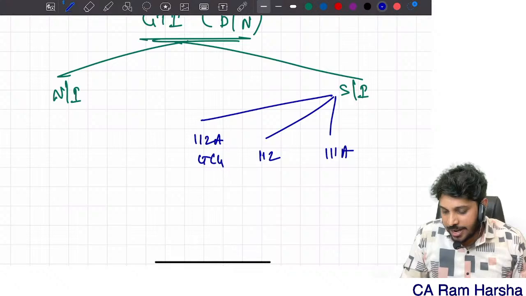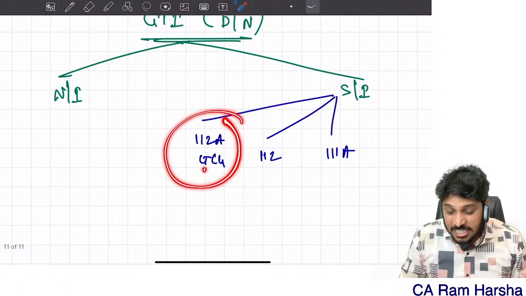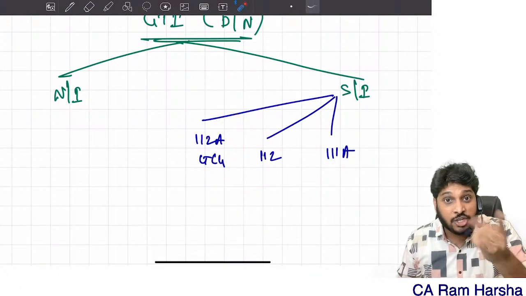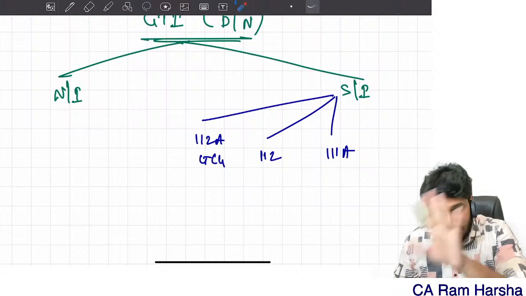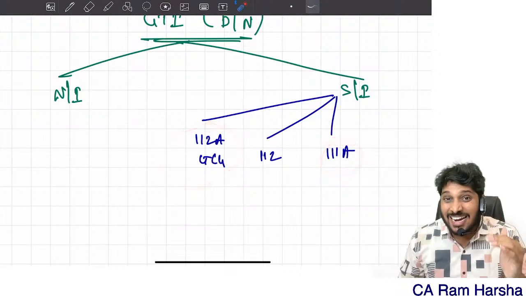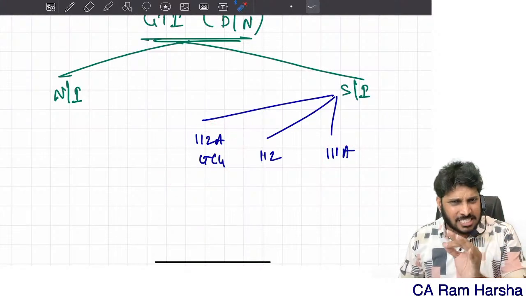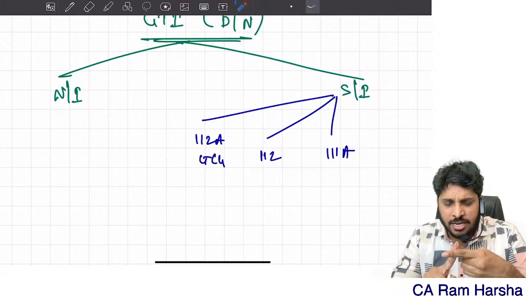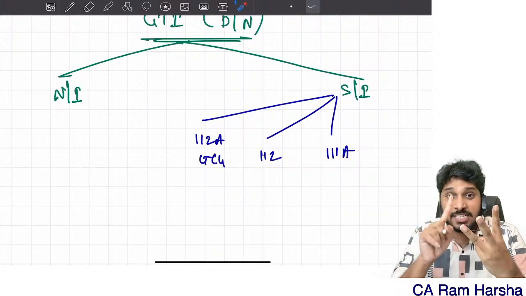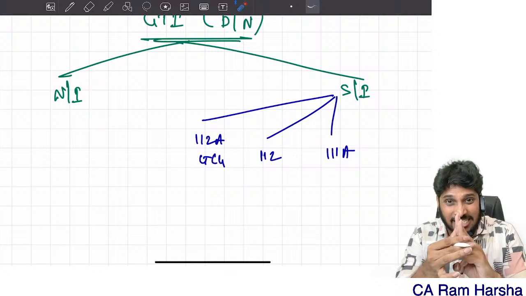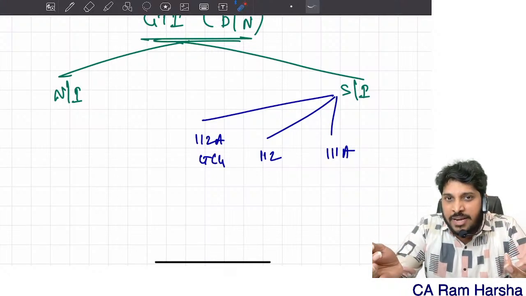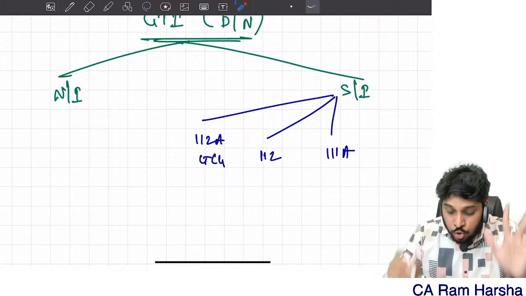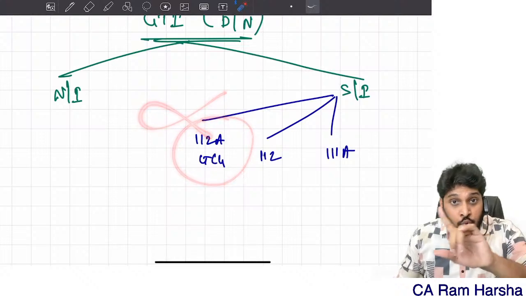Then 111A, the corresponding short-term capital gains for whatever is under 112A. For all of this, the criteria is what? Except business trust units, equity oriented mutual funds, listed equity shares, zero coupon bonds. For these, 12 months is the holding period criteria. But remember, zero coupon bonds is not covered under 112A.